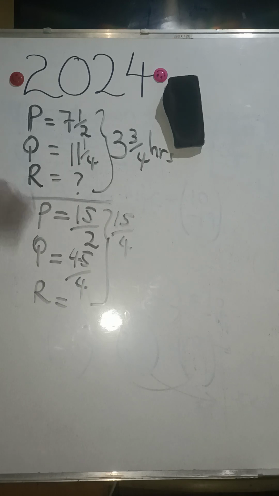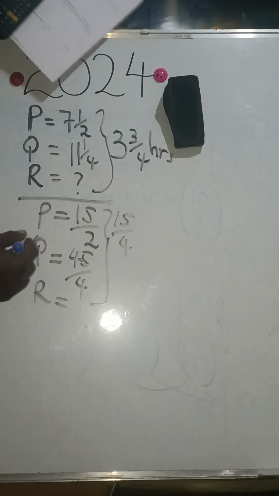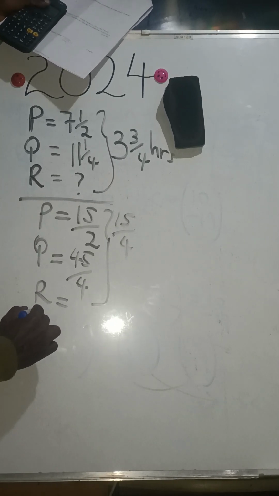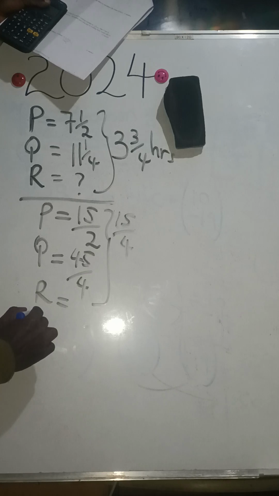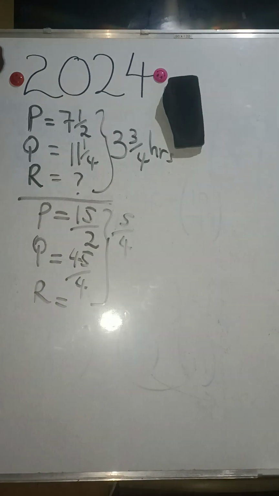Now, how do you know the amount of work that a particular pipe or a particular person can do? If rates of work are considered in this discussion, it's just easy. The work done will be the reciprocal of the time taken. So just get the reciprocal of the time taken to know the work done.